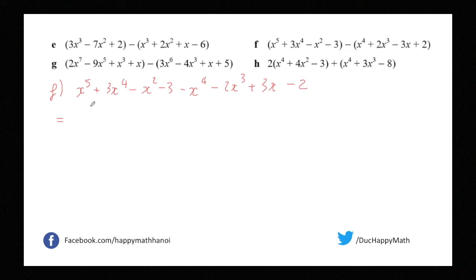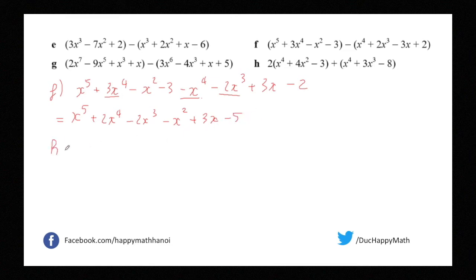After that, you simplify all. x to the 5 you got only 1. x to the 4 you got 3 minus 1 plus 2. x cubed only 1. x squared only 1. x only 1. And the constant number is minus 5.